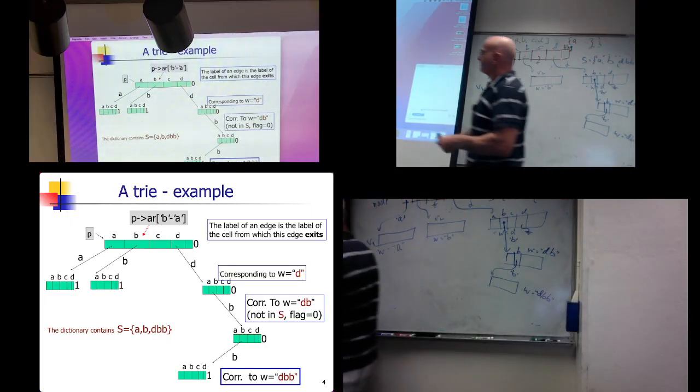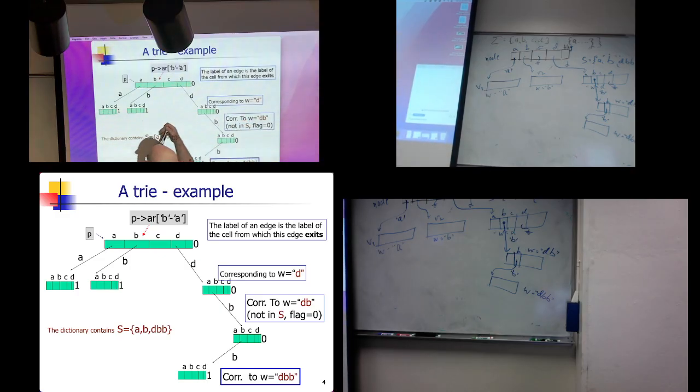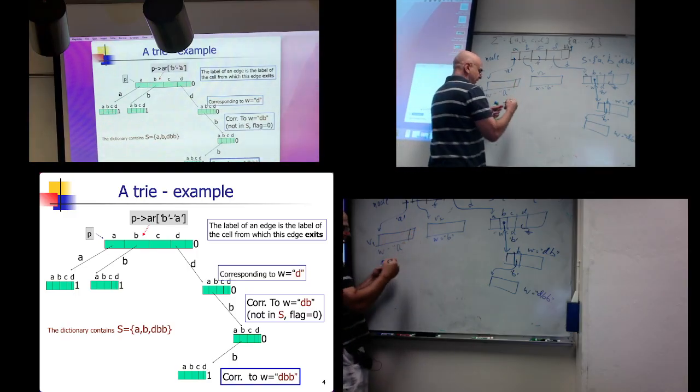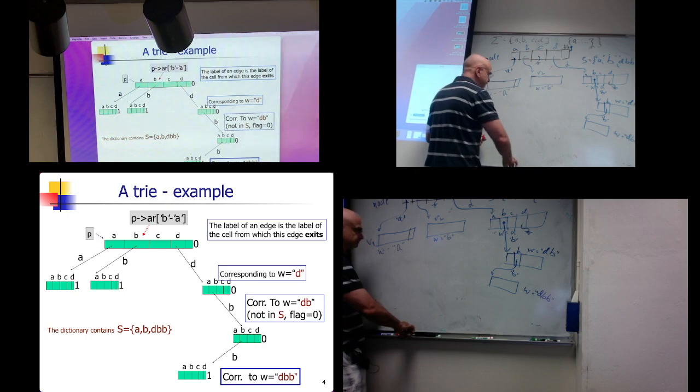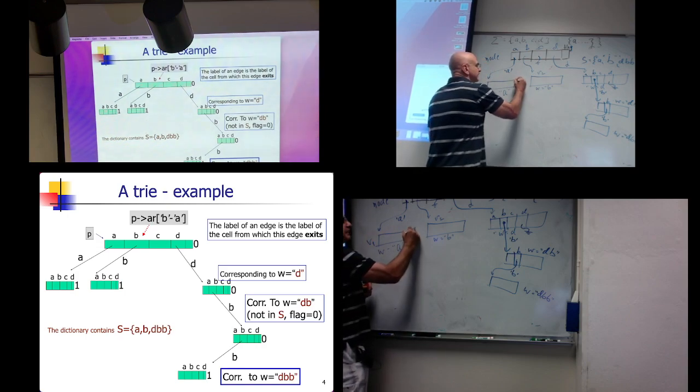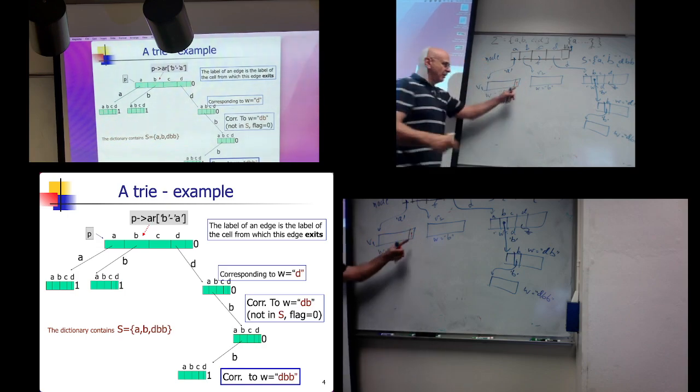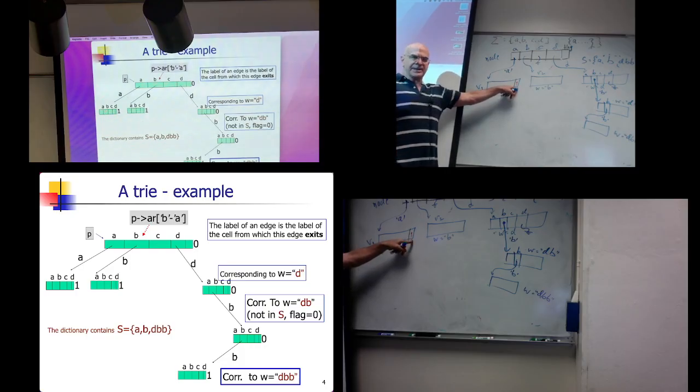That's where I'm using the flag, 0 or 1 at the end. A 1 as a flag implies this word is in S, in my list of students, in my dictionary.